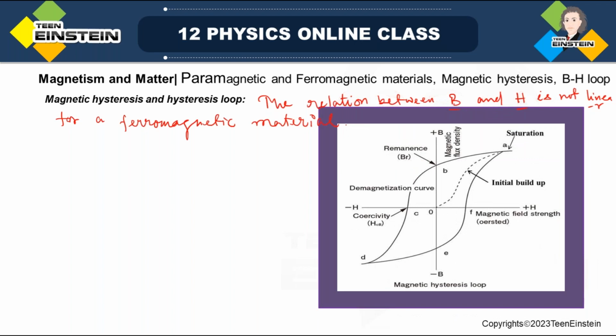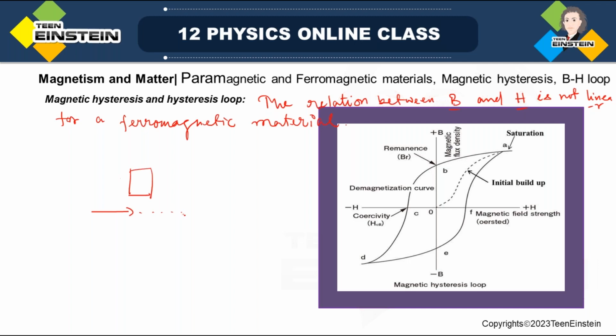Suppose a ferromagnetic material is kept in a certain region and the externally applied field is increased.